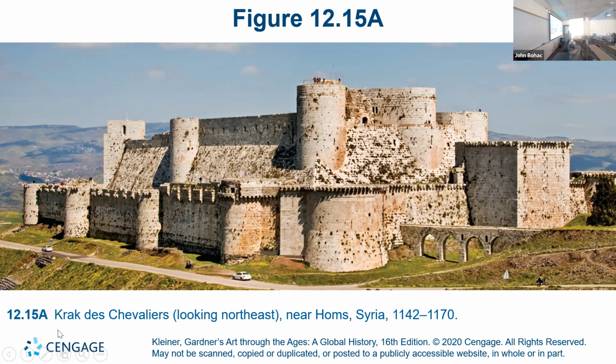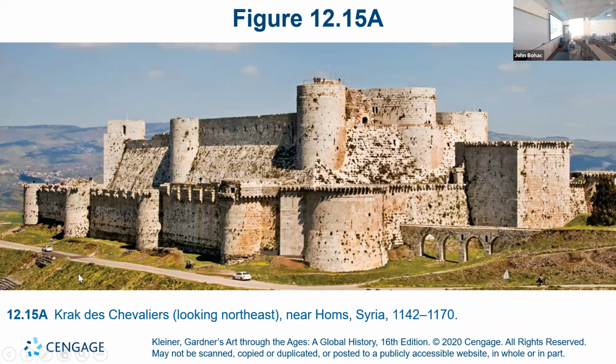This is the Krak des Chevaliers, looking north. This is in Syria, and this is a fortress. As I was saying earlier, we had a number of crusades where the Pope and the Emperor and the kings and so on got together and they were going to reclaim the Middle East for Christianity.